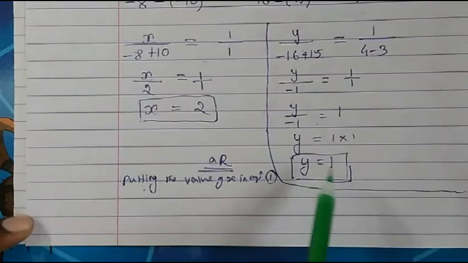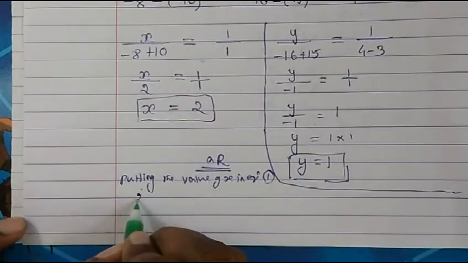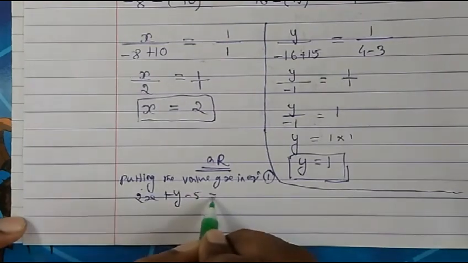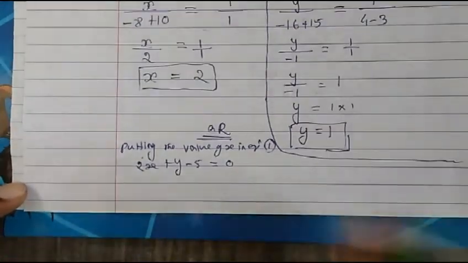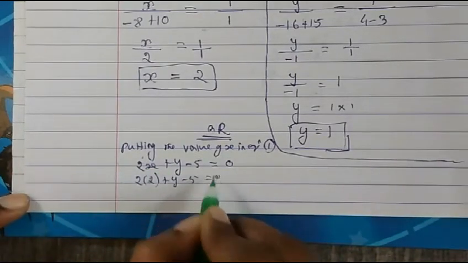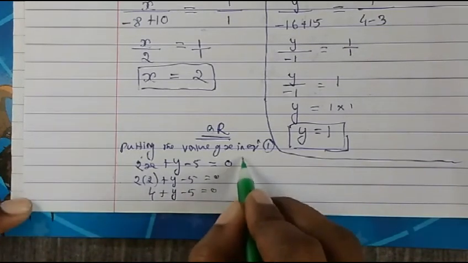This way also you can find out, or once you get the x value, put into the equation. So equation is 2x plus y minus 5 equal to 0. So x value I'll put it here. So it becomes 2. So 2 2s are 4, y minus 5.